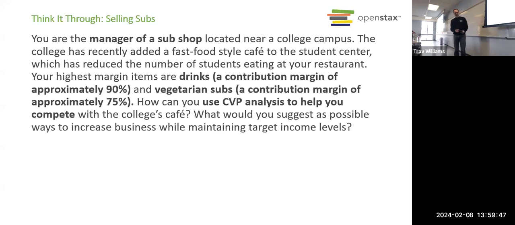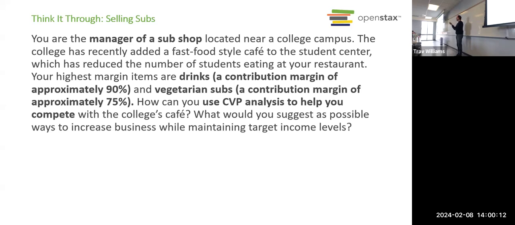Okay, so there's a more conceptual scenario. You're the manager of a sub shop. Your highest margin items are drinks, and they have a contribution margin of approximately 90%. That means you sell a drink for $1, there's only 10 cents of variable costs.